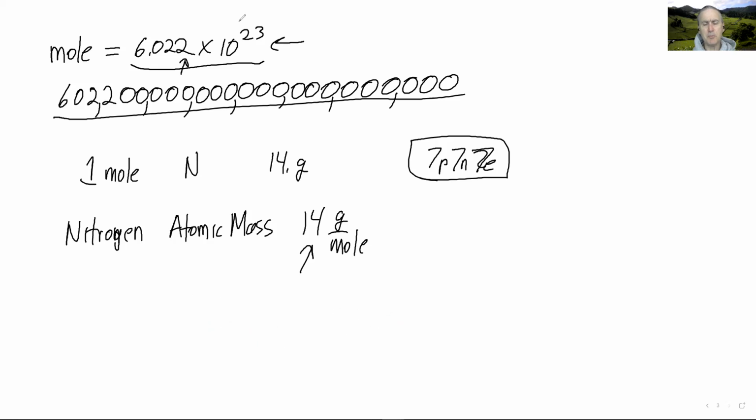And let's think about how much. So we know that a mole is equal to 6.022 times 10 to the 23rd items, whatever it is we've got, right?